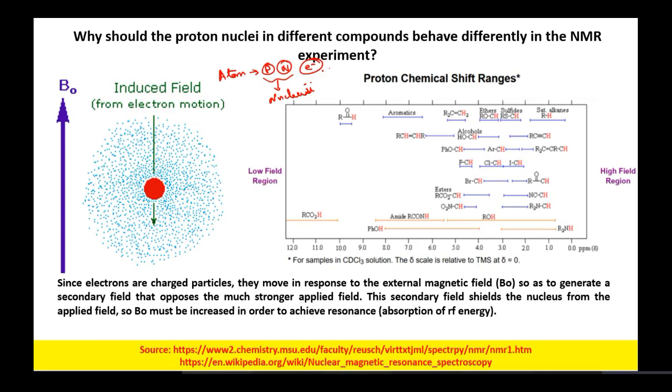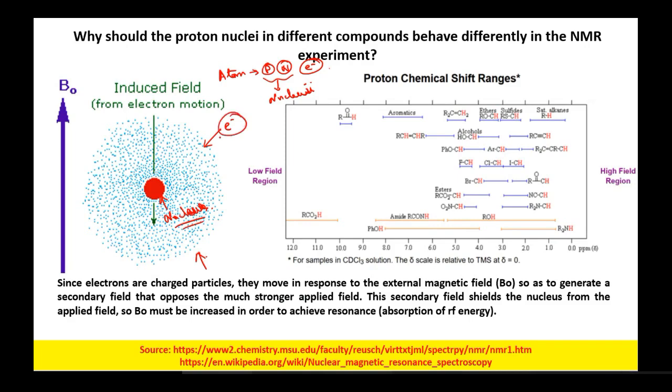If you look into the architecture of any atom, suppose this is the whole atom, the red region is the nucleus, and these blue dots are the electrons.